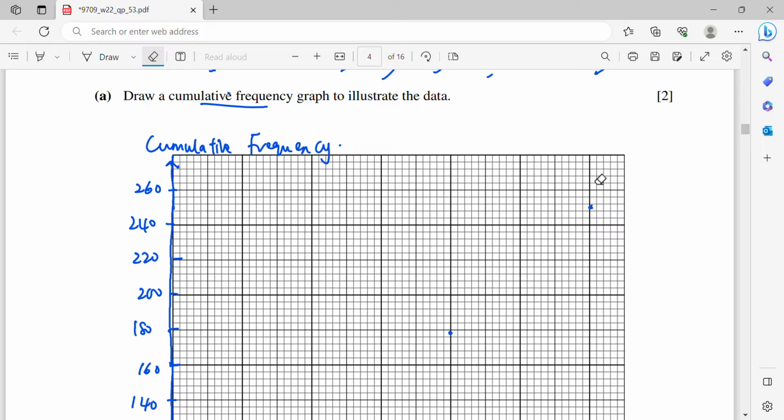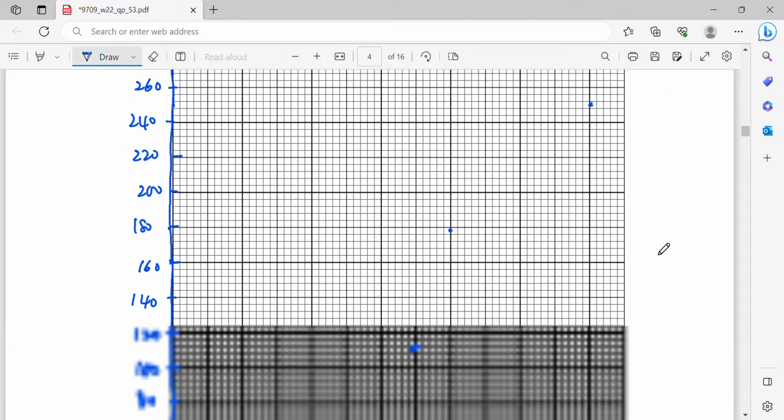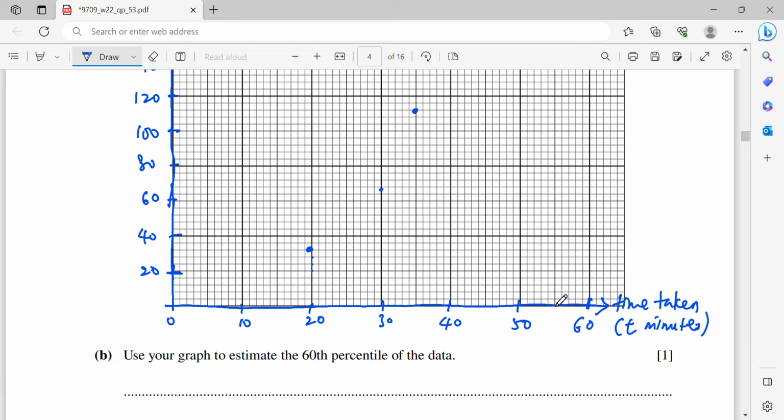Alright, so now you need to join all these points and draw a smooth curve. Since this is a cumulative frequency graph, we will start from 0, so when t is 0, it will be 0 here. Please draw a smooth curve. I will try my best to do it.